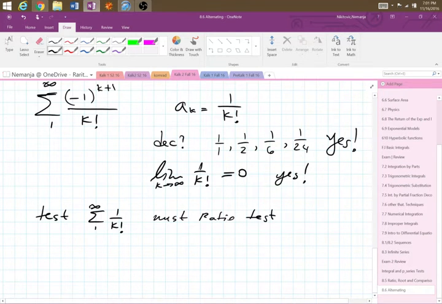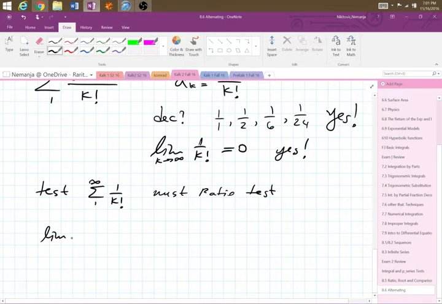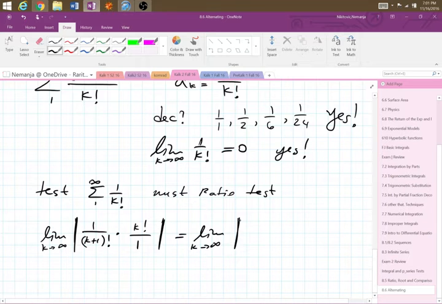So now I have a ratio test here. We know that it's the limit of 1 over (k + 1) factorial times k factorial over 1 if I flip immediately. Don't forget the absolute values. It's extremely important to have those absolute values there. This is going to be the limit as k goes to infinity of 1 over k + 1 times k factorial over k factorial.